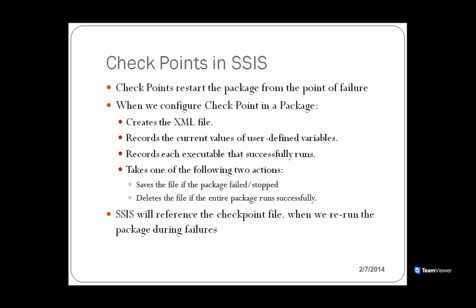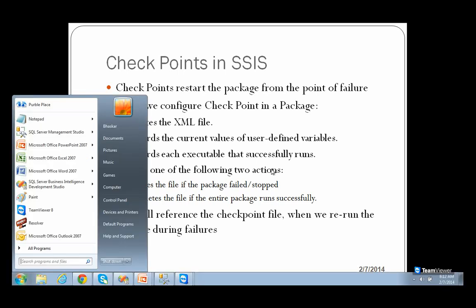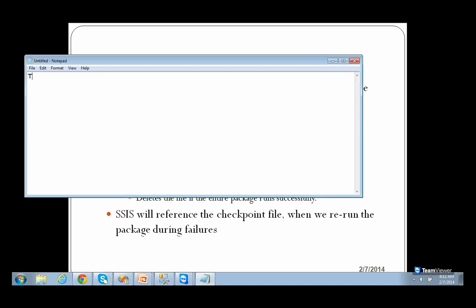Now, whenever you create a checkpoint, it creates one XML file or one text file. In that file, for example, you have task 1 and task 2. Task 1 succeeded, and task 2 got executed and failed.